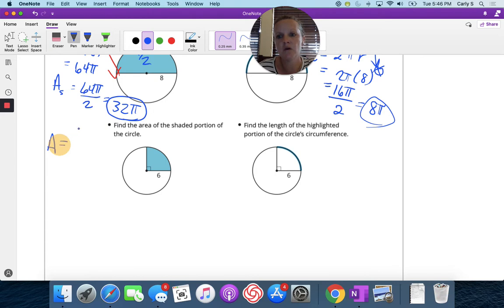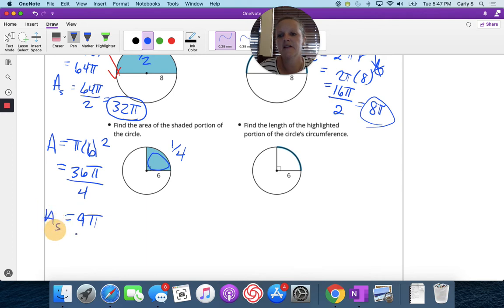So area of the whole circle is going to be pi r squared, 36 pi, but this is just a fourth of a circle. So I'm going to divide that by 4, and I get 9 pi for the area of the sector. Okay, 36 divided by 4 is 9. Now here, the length of the highlighted portion is a fourth of the circumference.